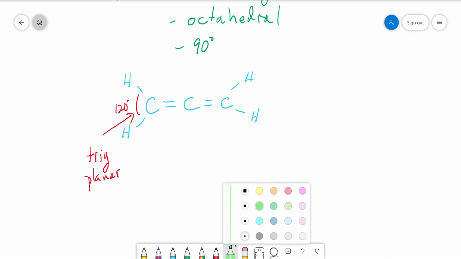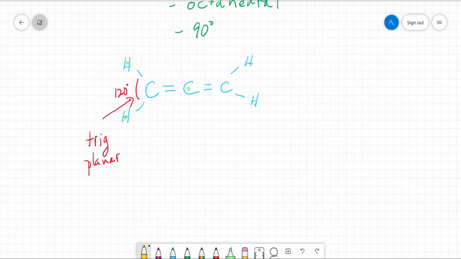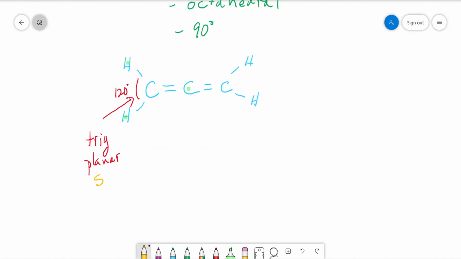Well, let's look at it. It's bonded to one, two, three atoms. That carbon on the left is bonded to three atoms. 120 degree bond angle, trigonal planar. What's the hybridization? It is sp2, okay, because that adds up to three, sp3, one s, two p's.